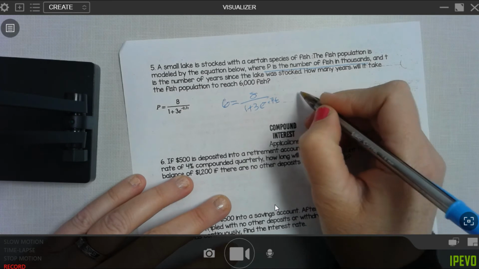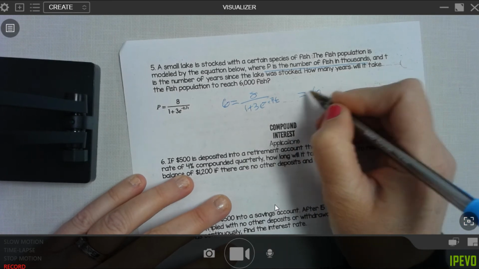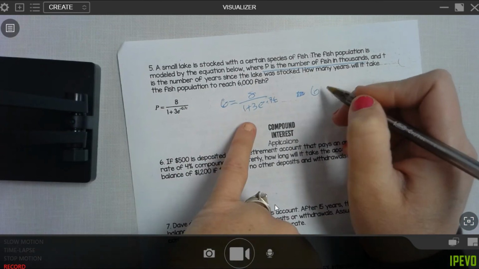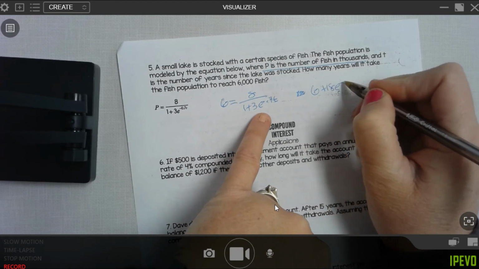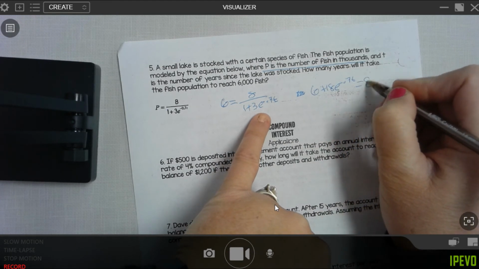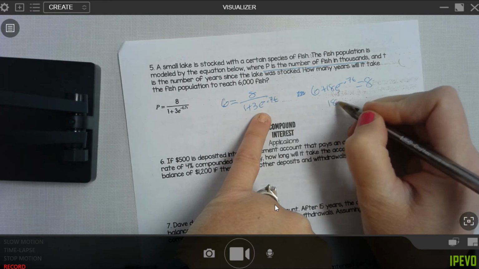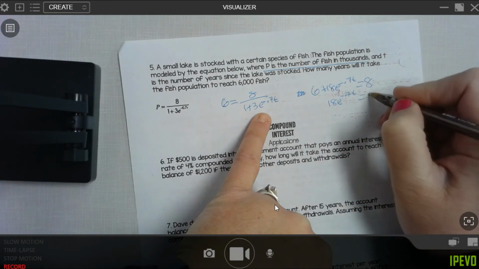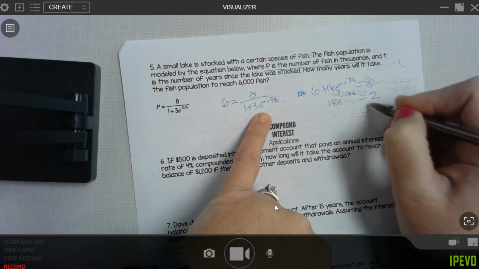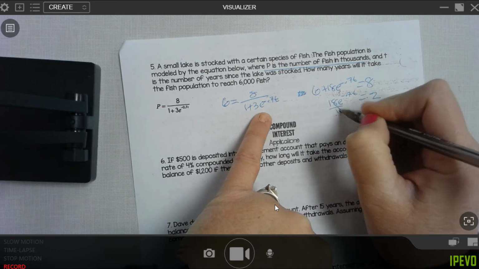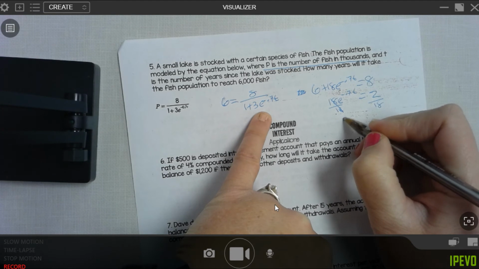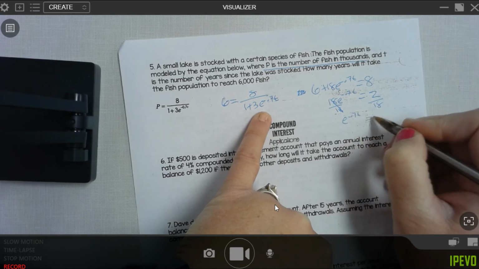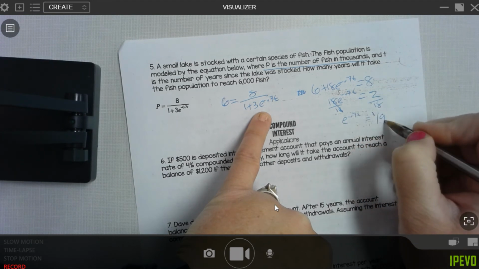so cross multiply these. Subtract over my 6. Divide my 18. That would be, what, 1/9?